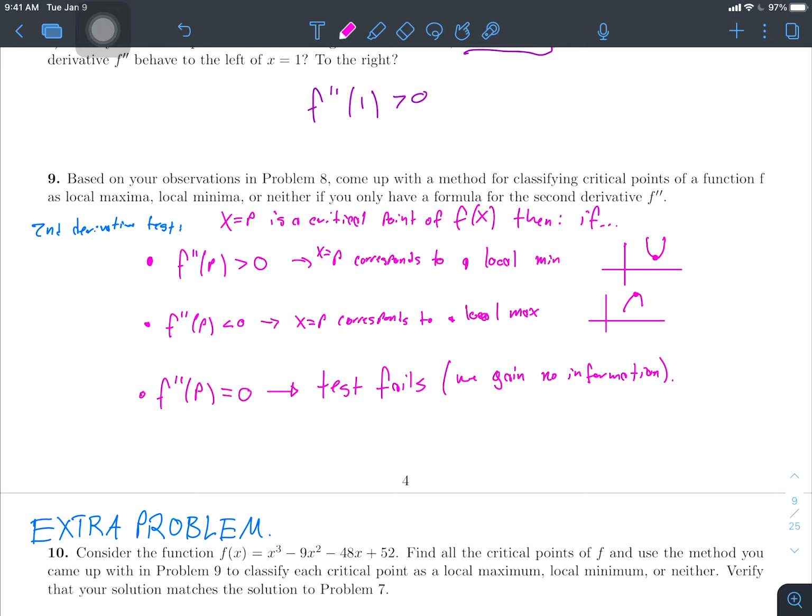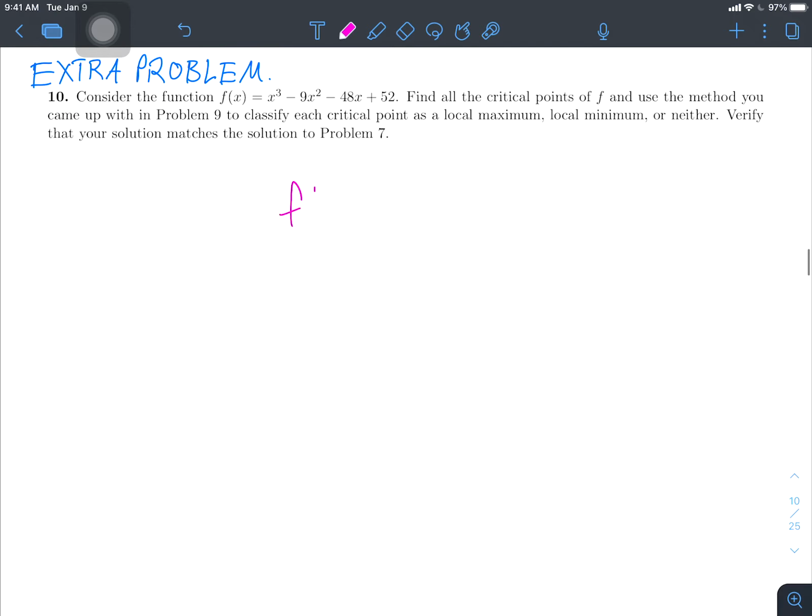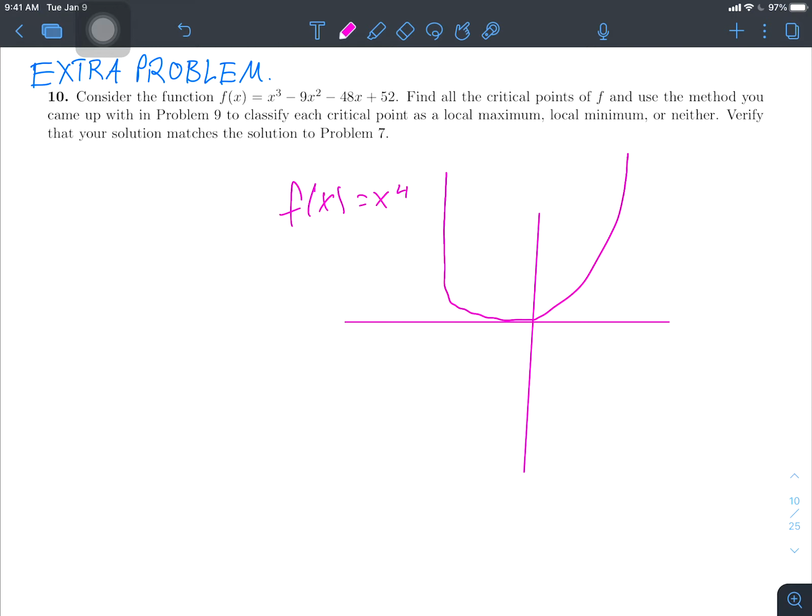For example, if you have a function like f of x equals x to the fourth, this looks like a parabola that's slightly more like that. And we can clearly see that 0 is a minimum. But if you take the second derivative of this, you're going to get 12x squared, which if you plug in f double prime of 0, you're going to get 0.